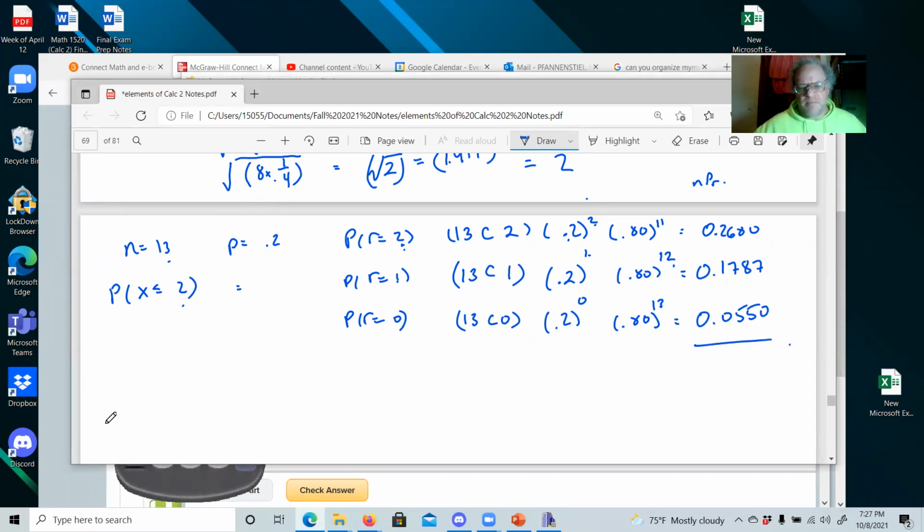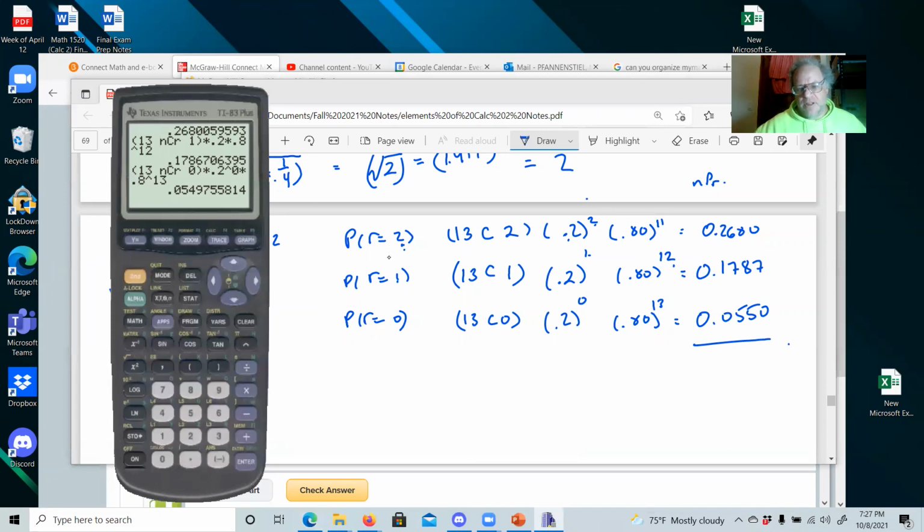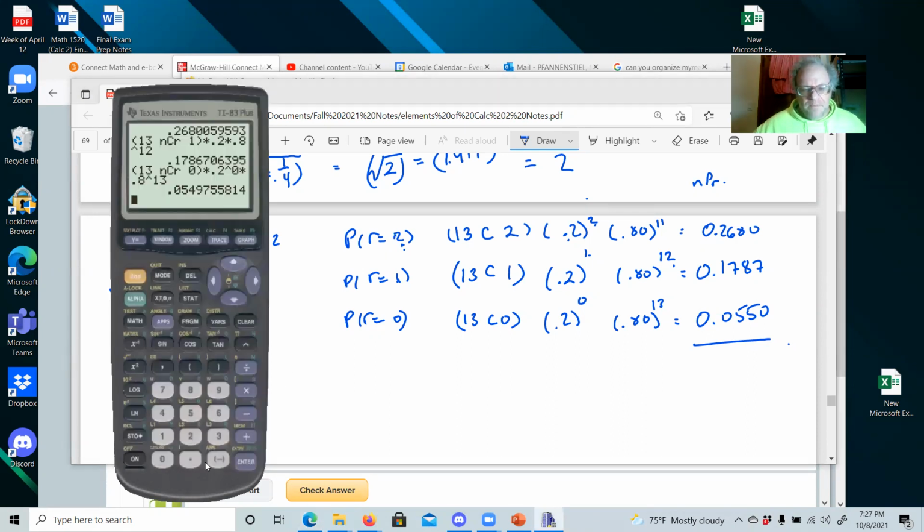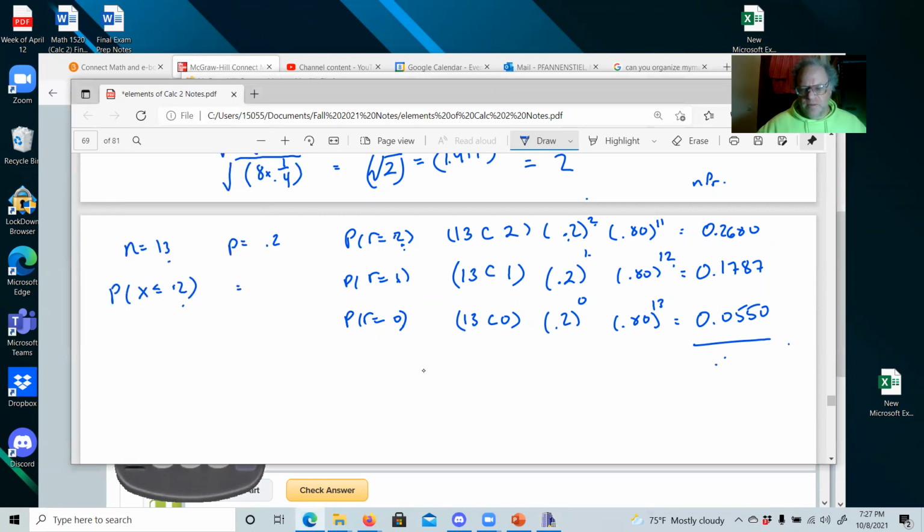We're going to add those up, right? Because that is the probability of none, 1, and 2. Those are the numbers that are less than or equal to 2. Okay, so here we go. We have 0.2680 plus 0.1787 plus 0.0550 equals, so about 50%, so 0.5017.